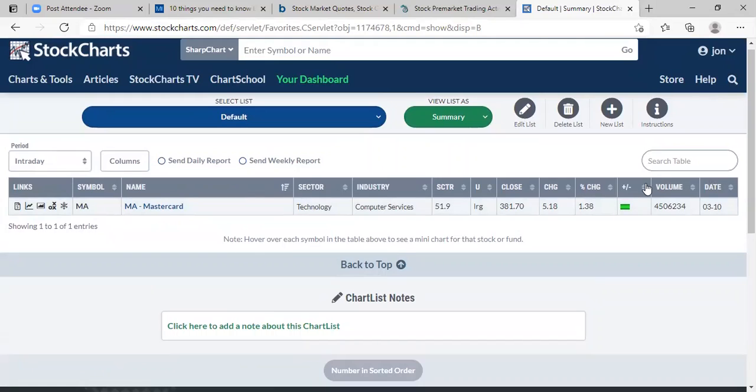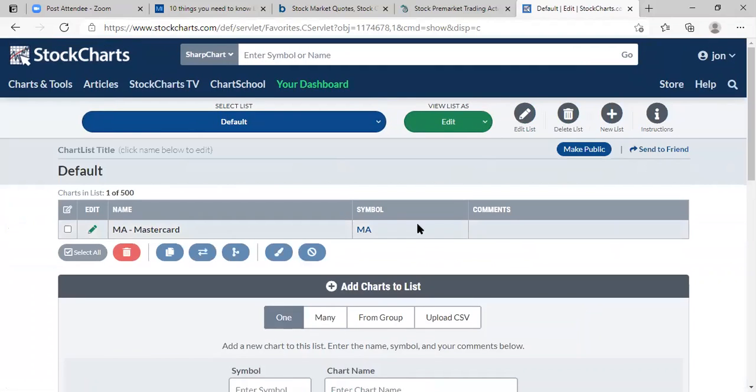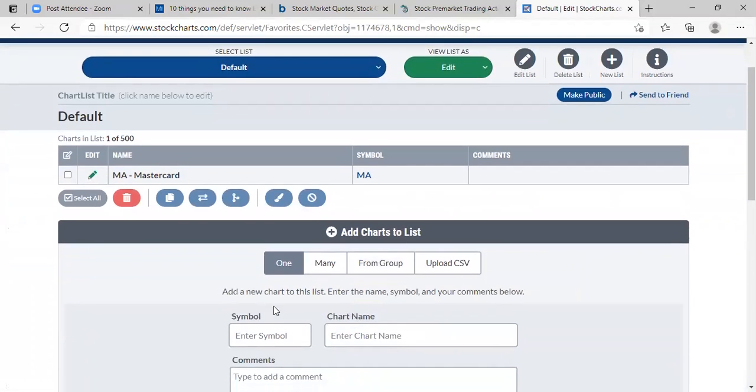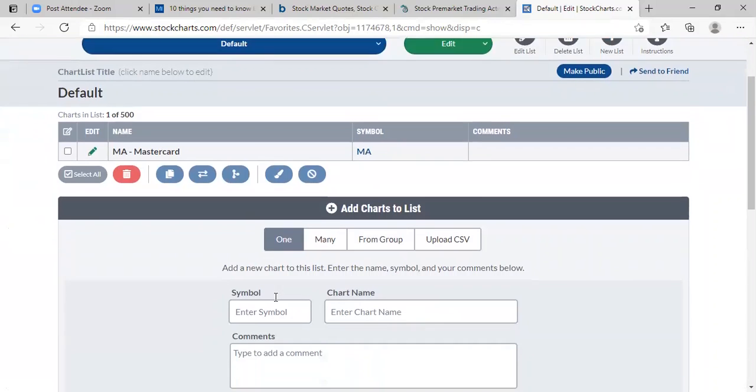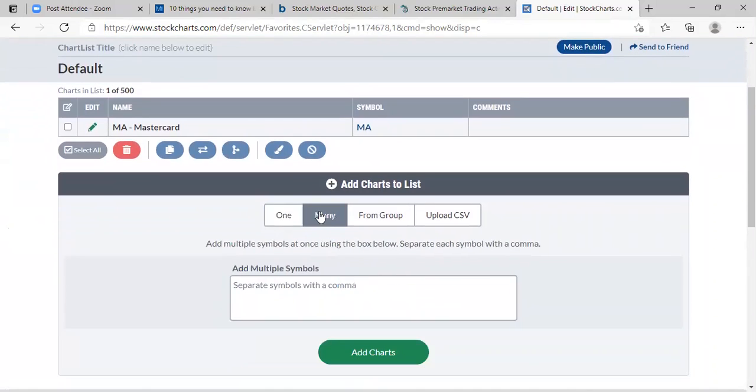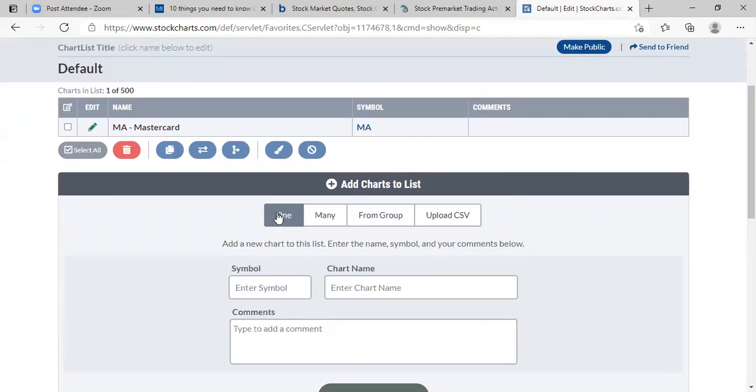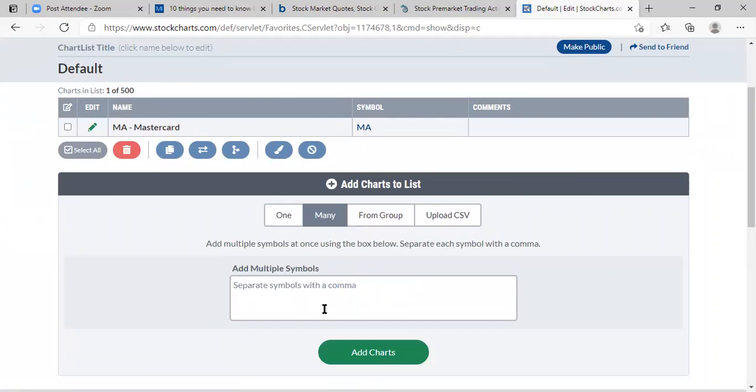But then if you want to add more, just go to edit list, and if you want to add one, then they tell you how to do that. If you want to add many, they tell you how to do that. I think many is probably the easiest one. You type them in, separate them by a comma, they add them to the chart for you, and boom, there you go.